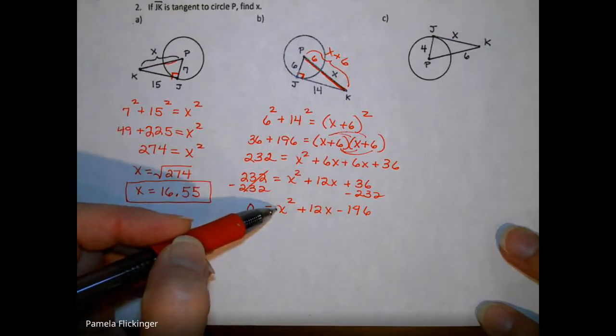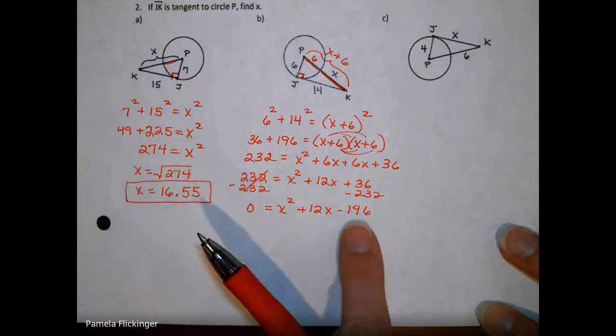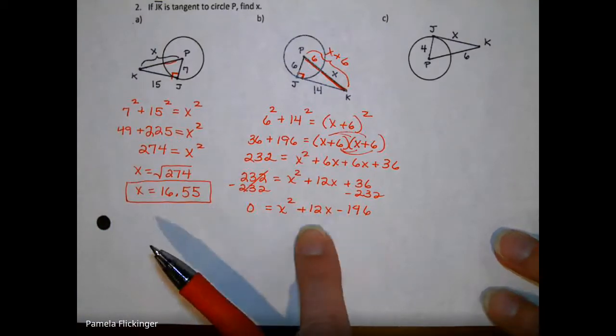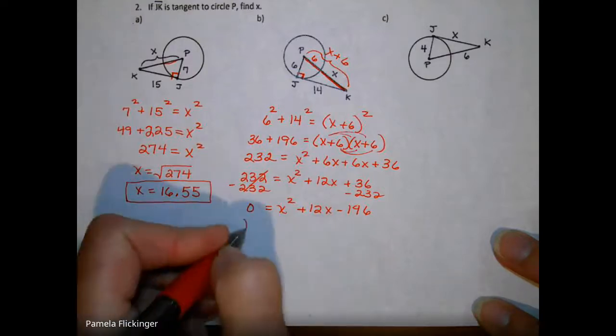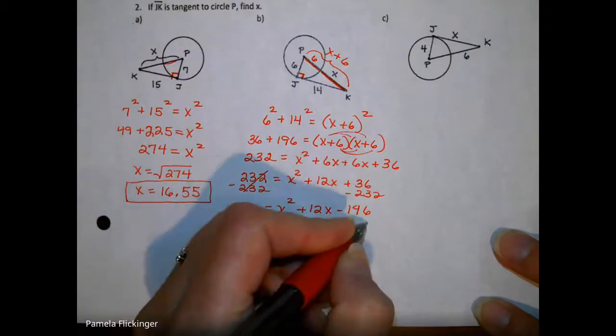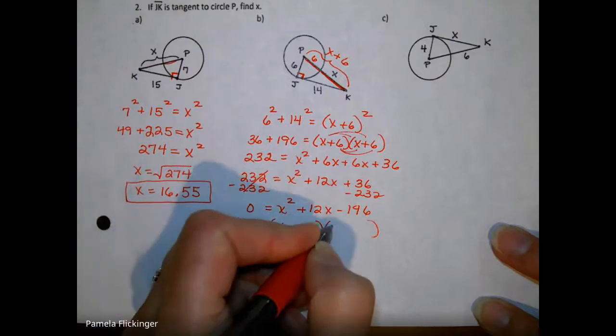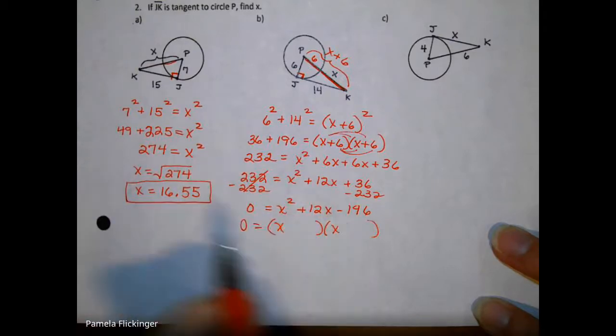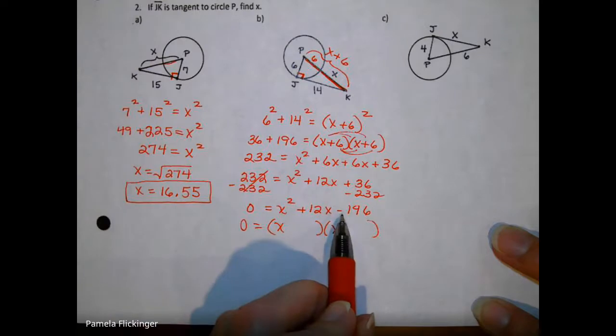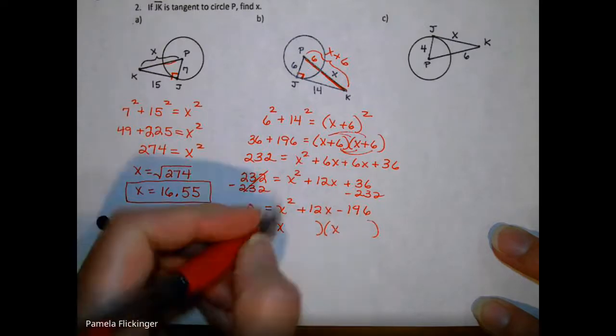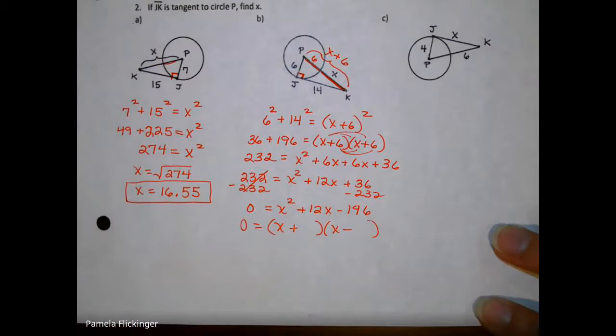We have a 1 in front of the x squared. So what I'm looking for are two numbers that multiply to be negative 196, but will add to be 12 in the middle. And then you break it down into two different quantities. So I know I have x and x. A little trick to factoring: when the constant is negative, then I know I'm going to have one plus and one minus. So we're looking for two numbers that multiply to be 196.